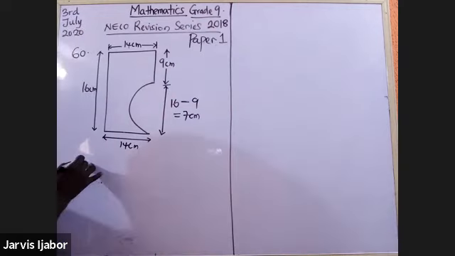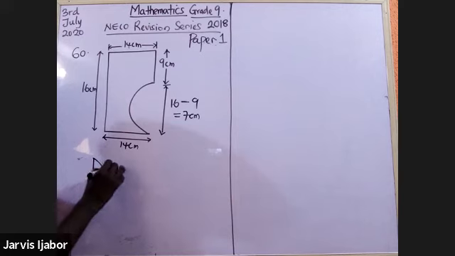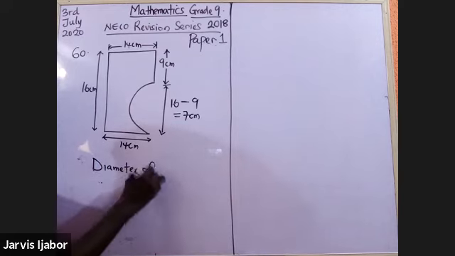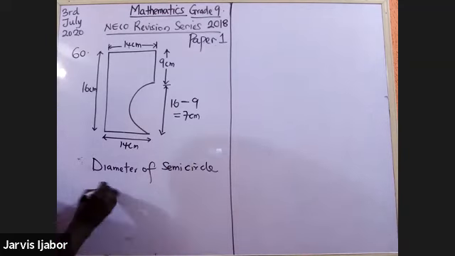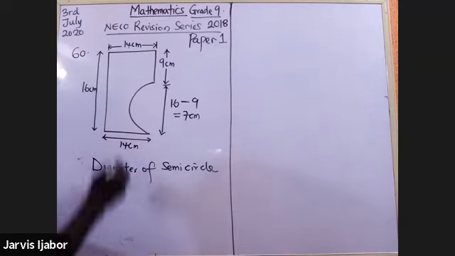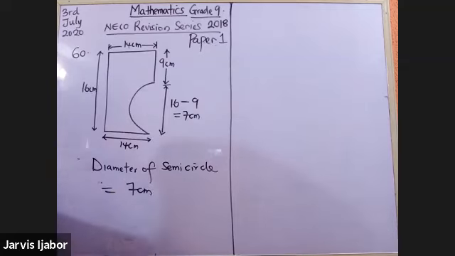So the diameter of the semicircle will be equal to 7 cm. We have gotten that.